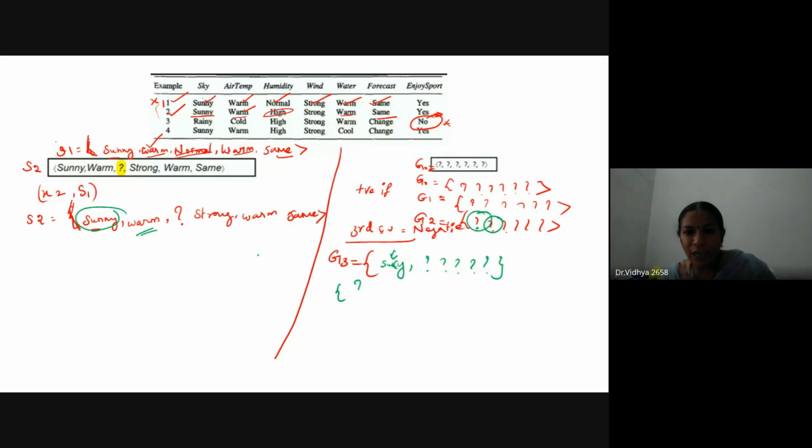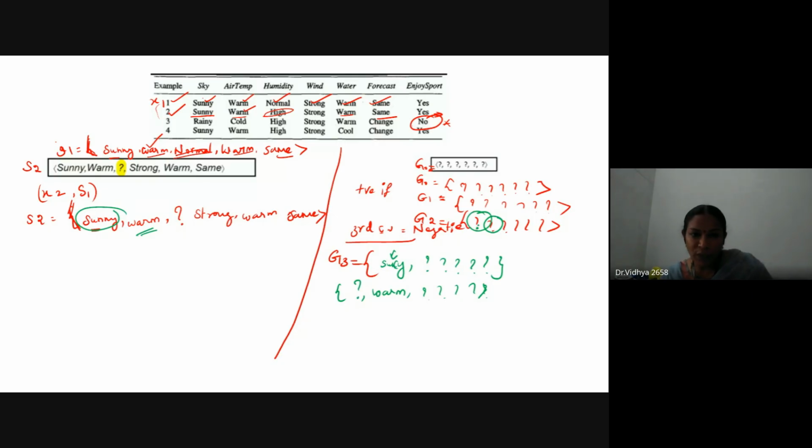Then we put a question mark in the rest of the attributes. So we write question mark, warm, then question marks as G3.